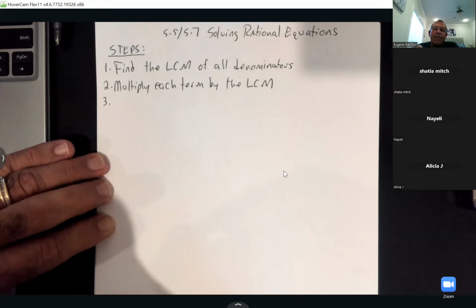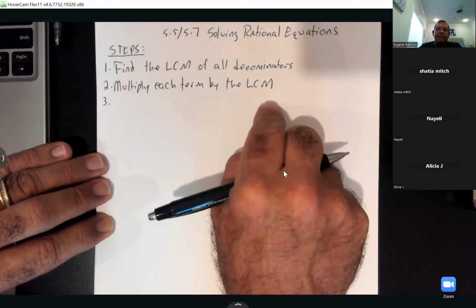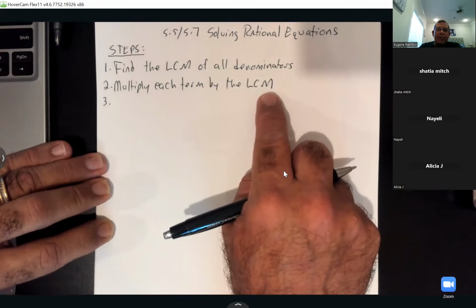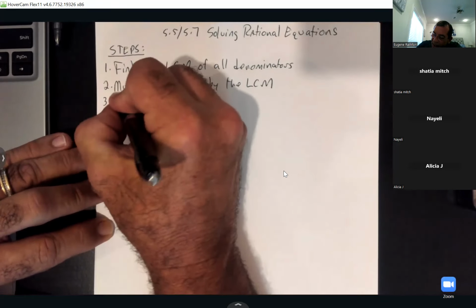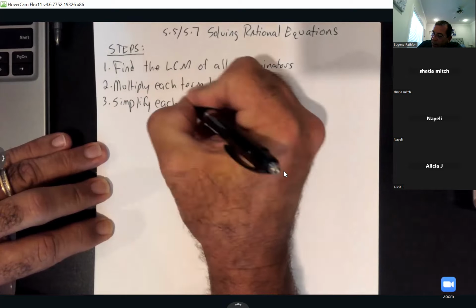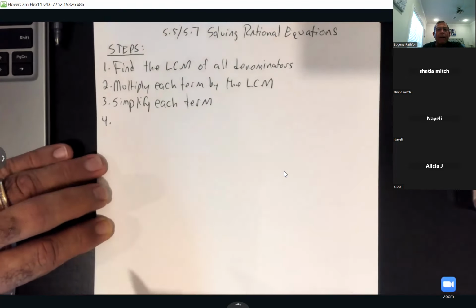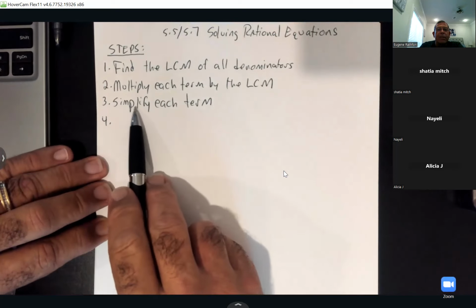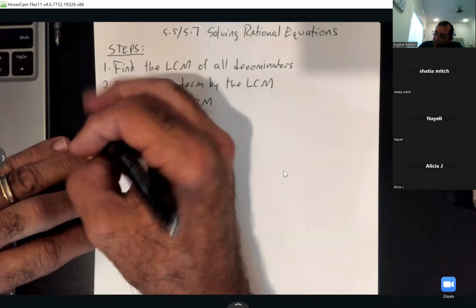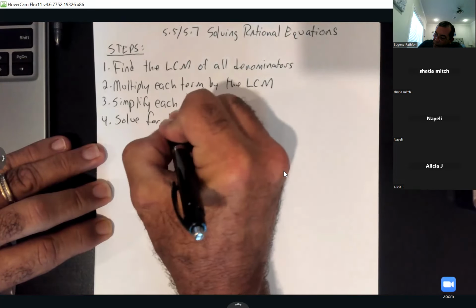Even if it is not a fraction, we've got to multiply every term by that LCM, okay? Once we've multiplied each term by the LCM, we're going to simplify each term. And y'all, once I've simplified each term, I'll have no more fractions left. So then we solve for the variable.